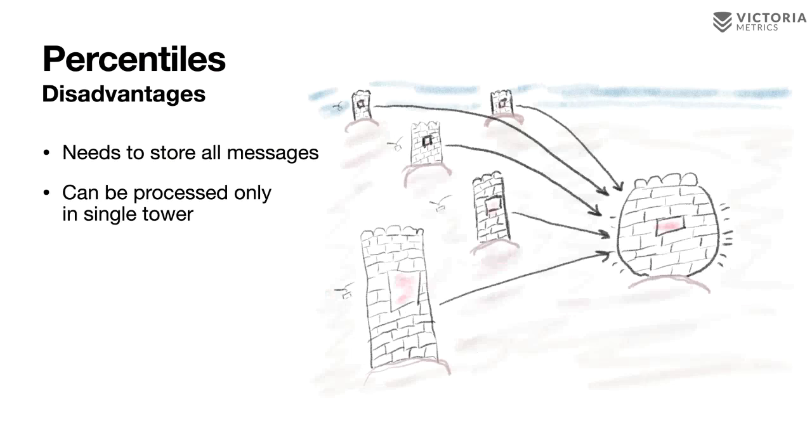But after some time, he found some disadvantages of percentiles. They were pretty major problems, because you need to store all messages. You can't really do any aggregation with percentiles. The second problem was that percentiles can be processed only from a single tower.